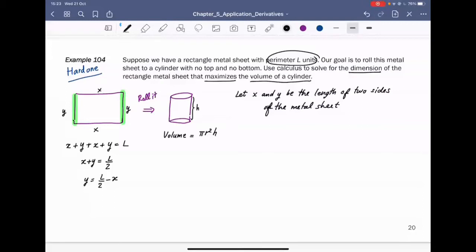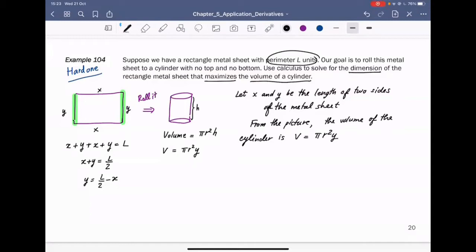If you look at the picture, you can imagine that the volume V is pi r squared times y. Sounds good? You can see from the picture that the volume of the cylinder is V equals pi r squared times y.